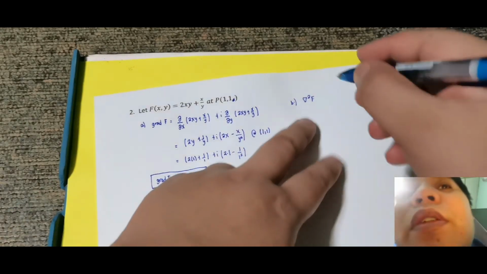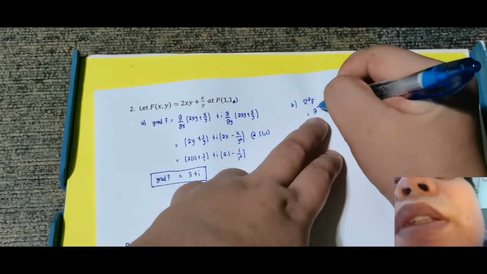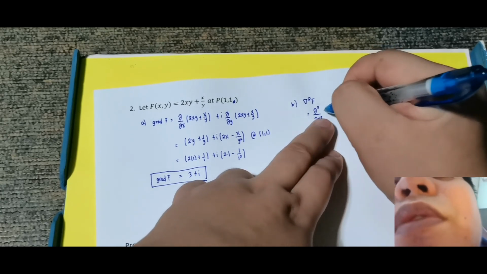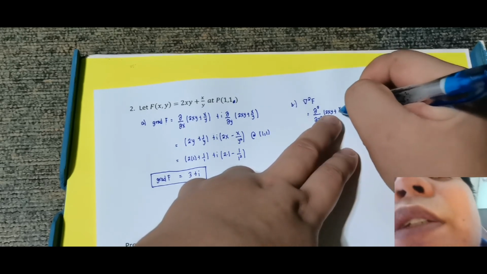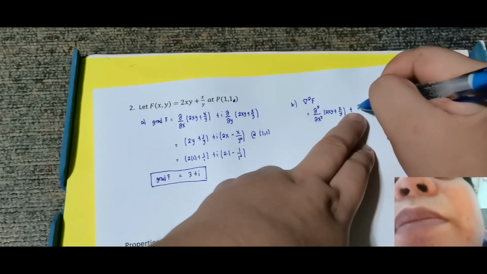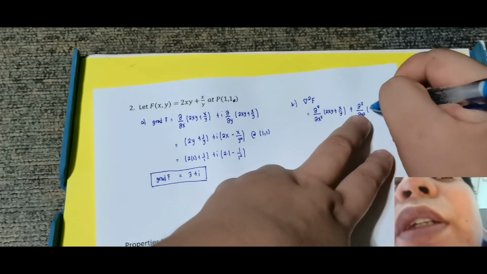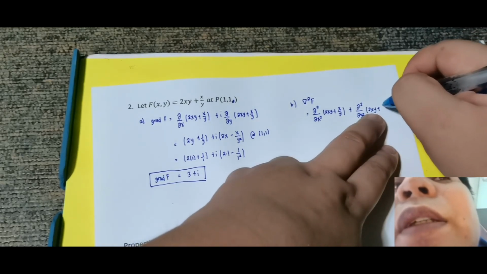So this is equivalent lang sa second partial derivative with respect sa x squared nung 2xy plus x over y, plus second partial derivative with respect sa y squared ng 2xy plus x over y.